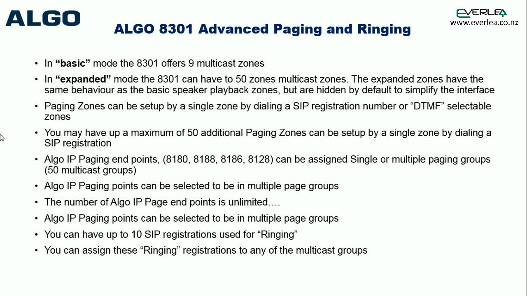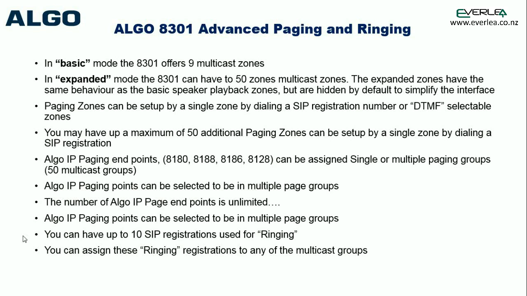You can have up to 10 SIP registrations used for ringing. Now, these 10, this is this point down here, the second to the bottom. These are separate to the 50 individual paging zone SIP extensions you could have. These are another 10 ringing registrations.